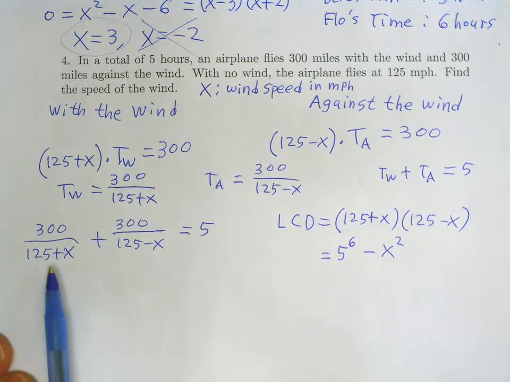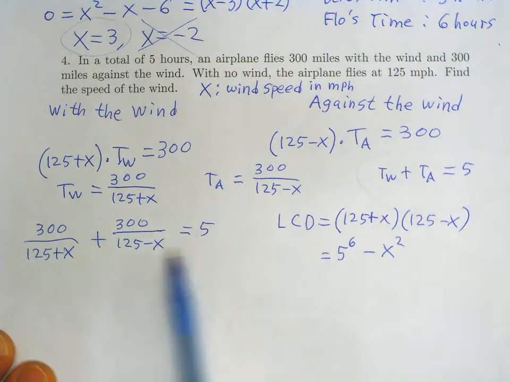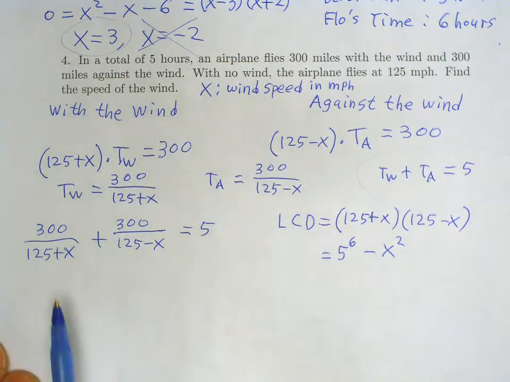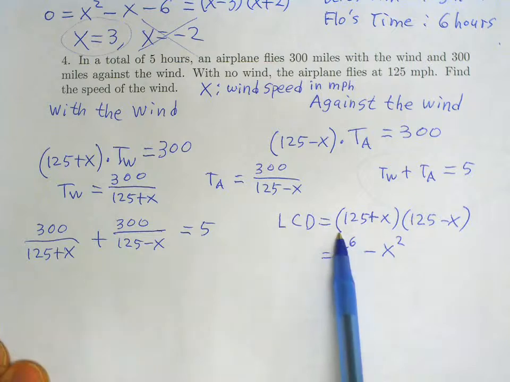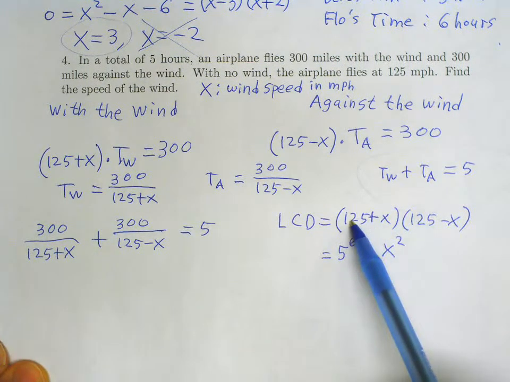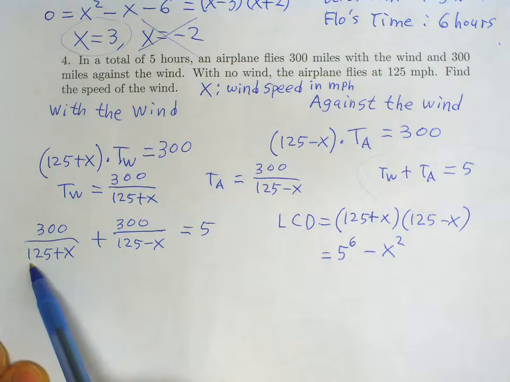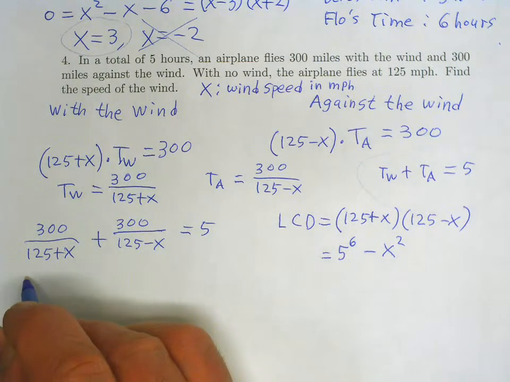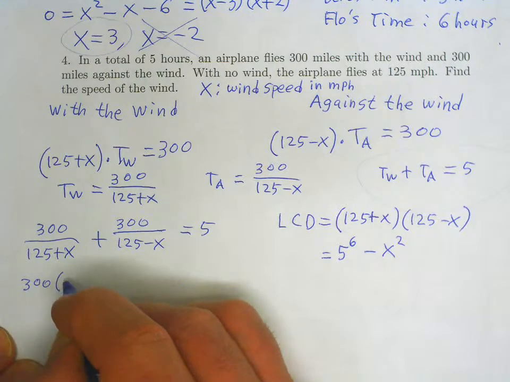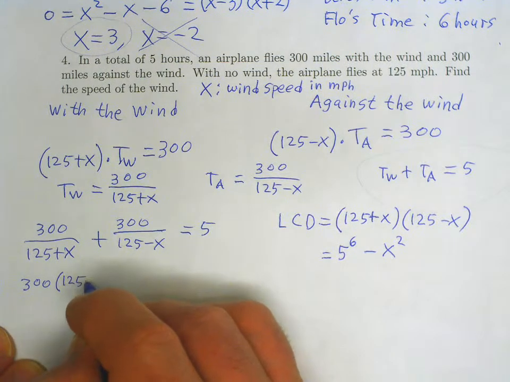Okay, but we're going to multiply every term on both sides of this equation by the least common denominator. First, when we multiply 300 over 125 plus x times the least common denominator, the 125 plus x factors cancel, and we're just left with 300 times 125 minus x.